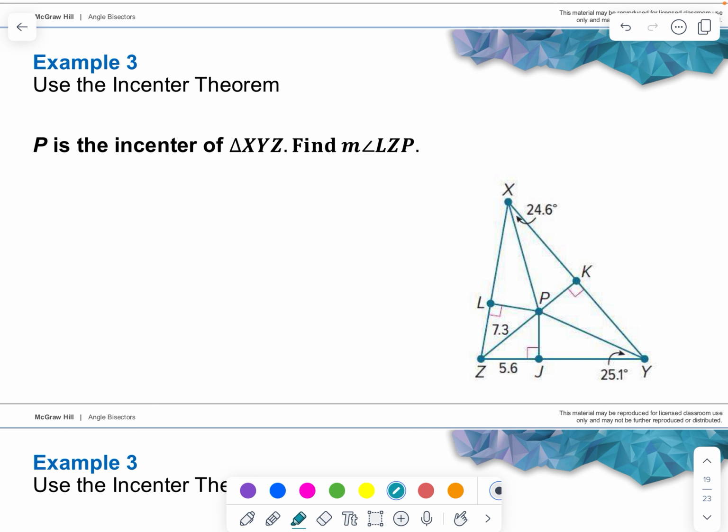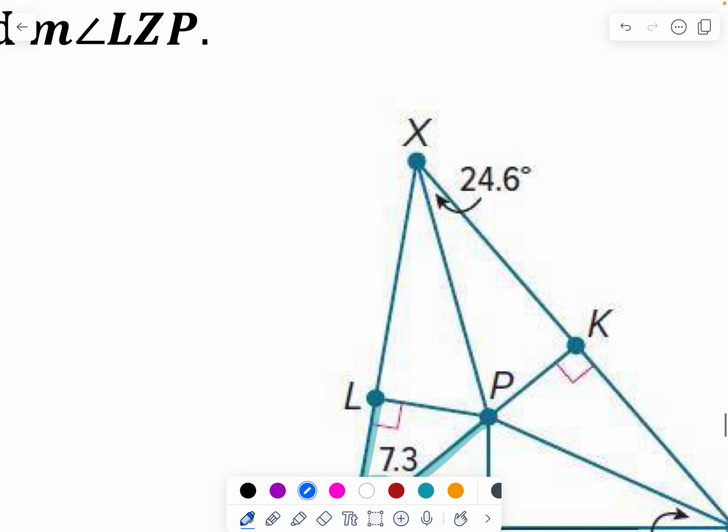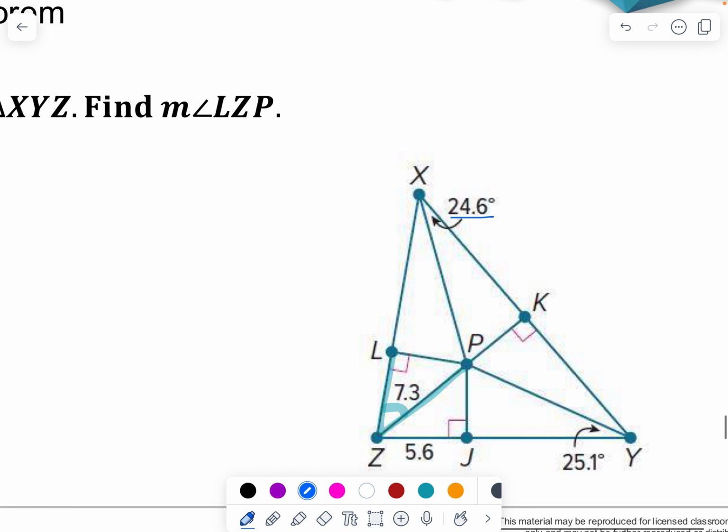P is the in-center. And then it says find LZP. So let's mark that out. Where is LZP? Right there. This angle in here. They tell us that this is 24.6 up here. They tell us that this is 25.1 down there. They tell us that this is the in-center.